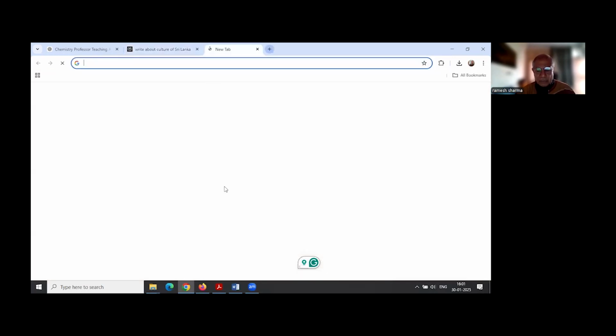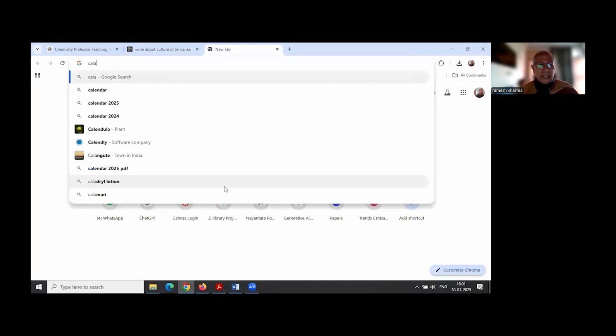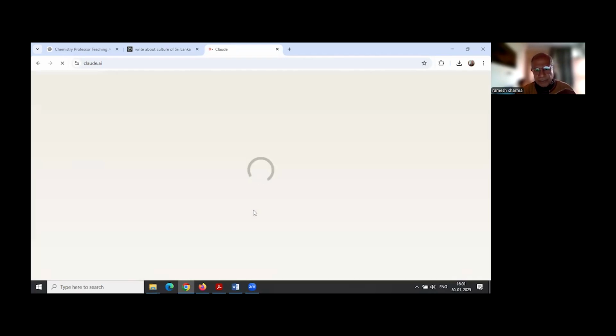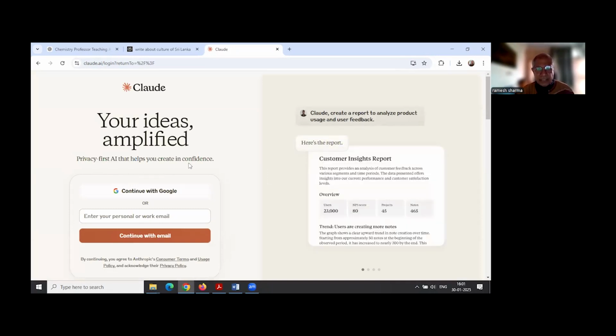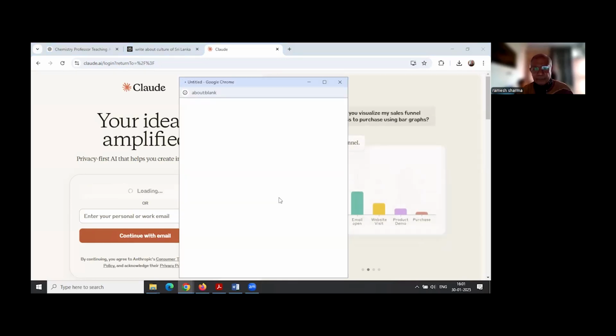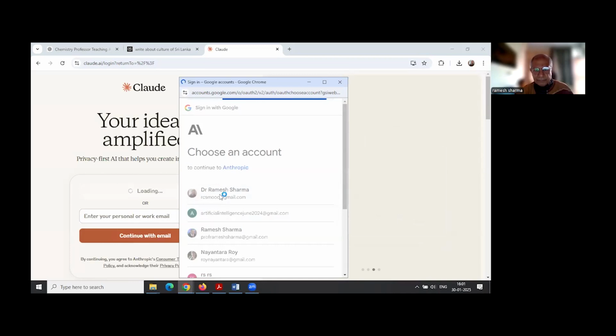And then you all know about Gemini, but so far the best one has been considered as Claude AI by Anthropic company. Even better than Gemini? Your ideas, the first AI that helps you create in confidence. So you continue using your Gmail. You can try it.